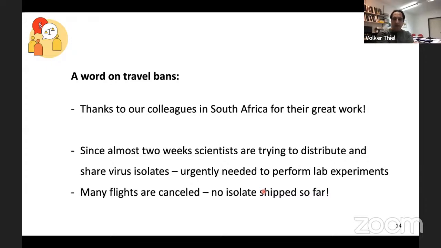But another thing that is also affecting the scientific work and our work to find out the characteristics of this Omicron variant is that essentially the virus isolates that are in South Africa, that they have isolated in the lab, it would be so important to distribute them and share them with other labs so that we can do our analyses.